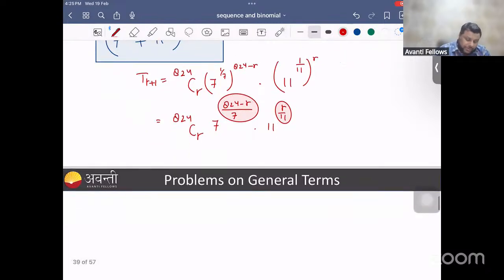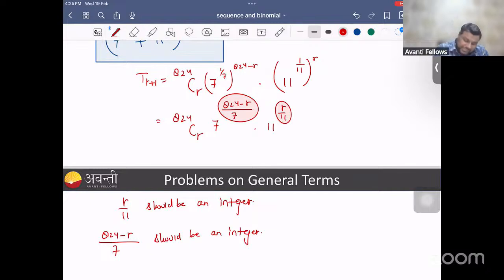So what do you want? r by 11 should be an integer. And here you want (824 minus r) by 7 to be an integer. So in this case, r can be 0, then directly 11, then 22, up to, this will go up to which point? r lies between 0 to 824.